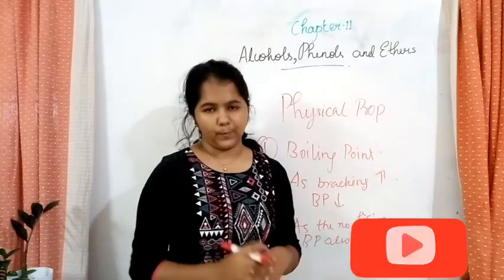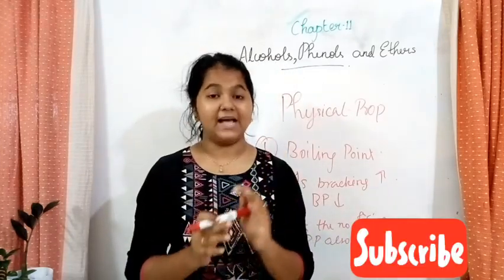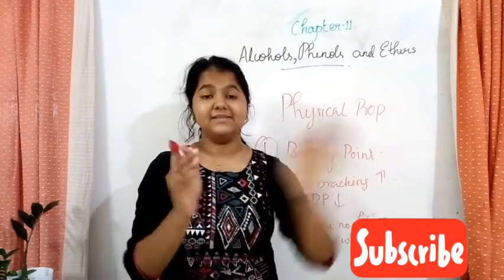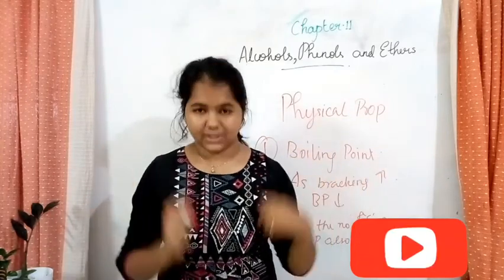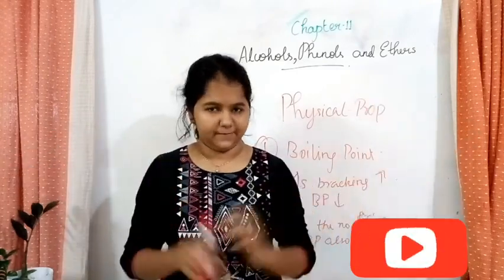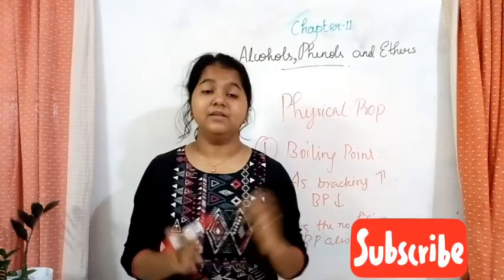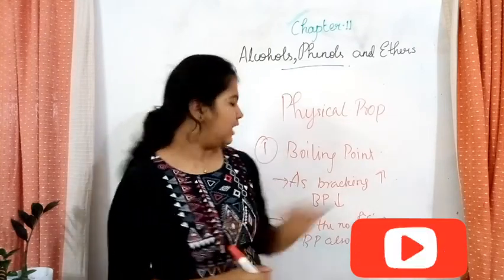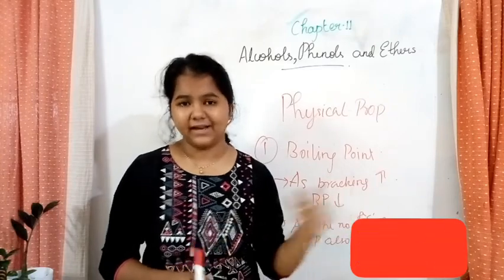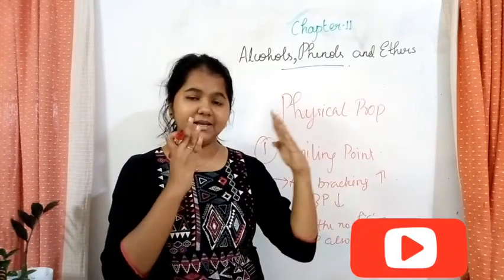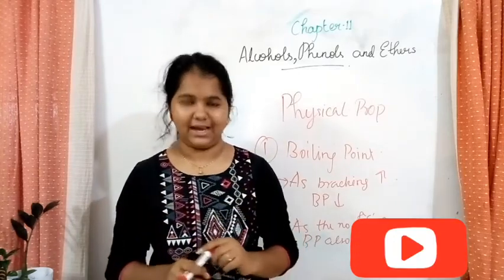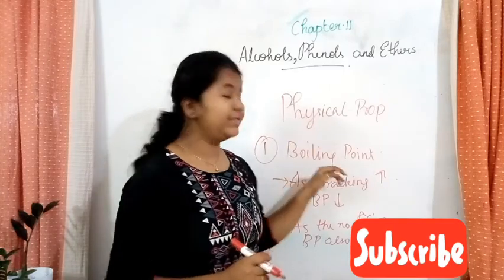Okay, so for isomers of any of the alcohols, if there is more branching, there is lower boiling point, and if there is a greater number of carbons, there is higher boiling point. Why is it lower? Because of the least van der Waals forces. Okay, so how would the isomers of alcohols be arranged? That will go like primary alcohol is greater than secondary alcohol, greater than tertiary alcohol. So that is to talk about the boiling point.